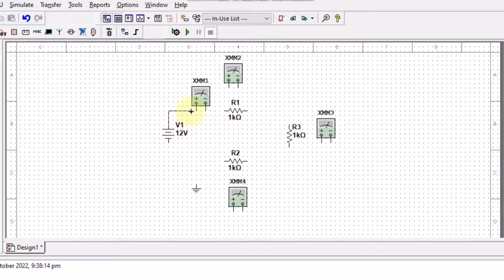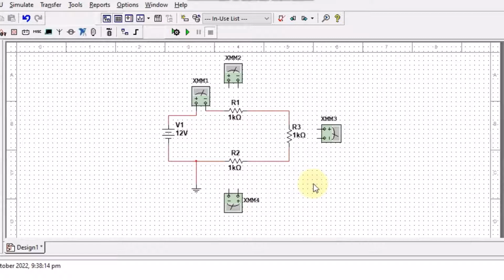Let me connect them here first. This is in series with this resistor. Similarly here, this is in series with this one, and also these are here as well. Connecting this ground with this one, and now rotating it so as to connect it across this one. Now this is rotated and it will be connected here.